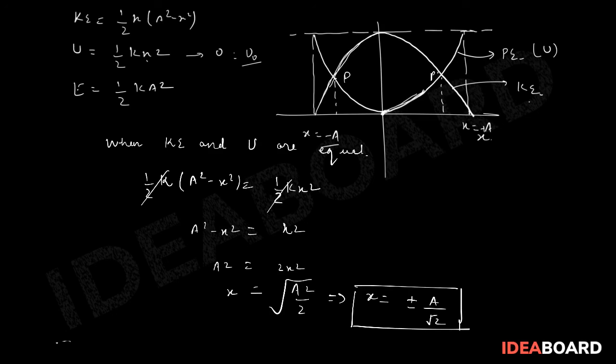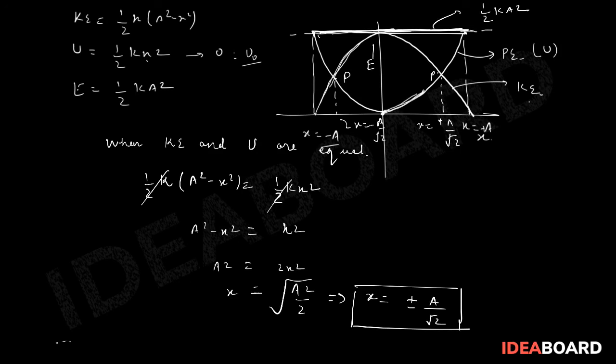So this point is x equal to minus a by root 2 and this is x equal to plus a by root 2. At these 2 points, kinetic energy and potential energy will be equal, though the total mechanical energy has a fixed value in this region. This line represents the energy half k a square at any instant.